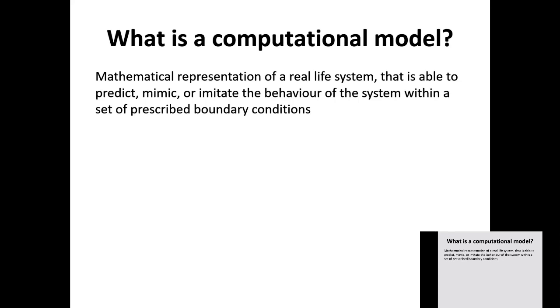But all these graphics are based on mathematics. So a computational model is a mathematical representation of a real life system. And you are trying to use your mathematics or a mathematical model to emulate something.